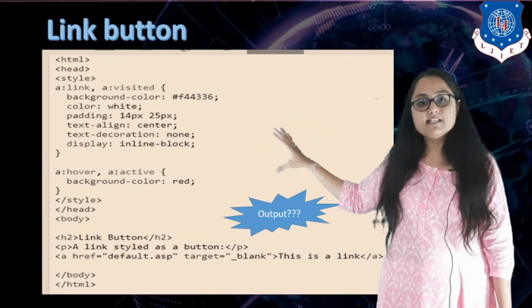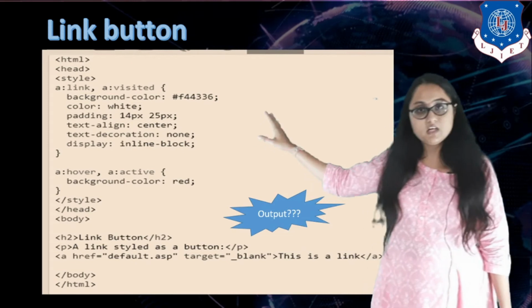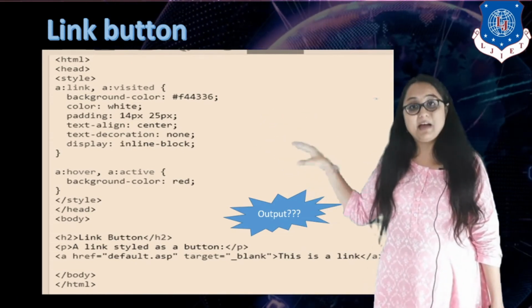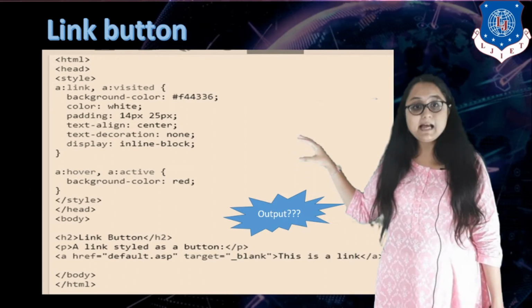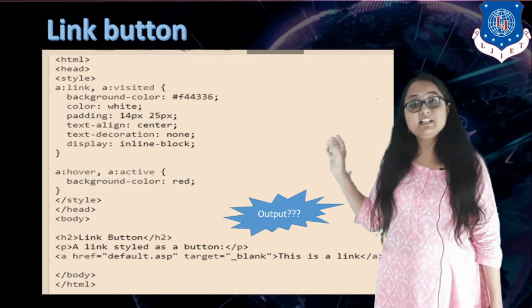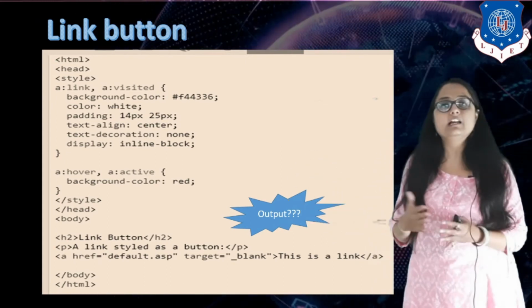For that you can see that for my background color for this particular hyperlink I have given a hexadecimal value, I have given font color white, I have given padding, I have given text align, all the text should be aligned center, I have given text decoration none, which means there will be no underline, and I have given display inline block, right?